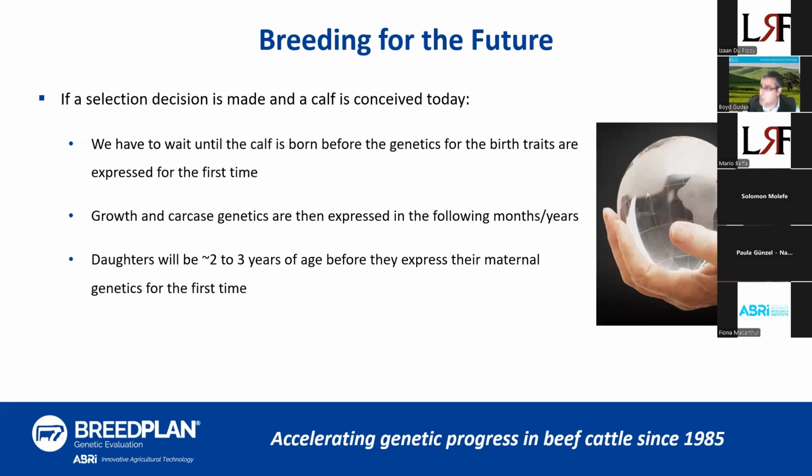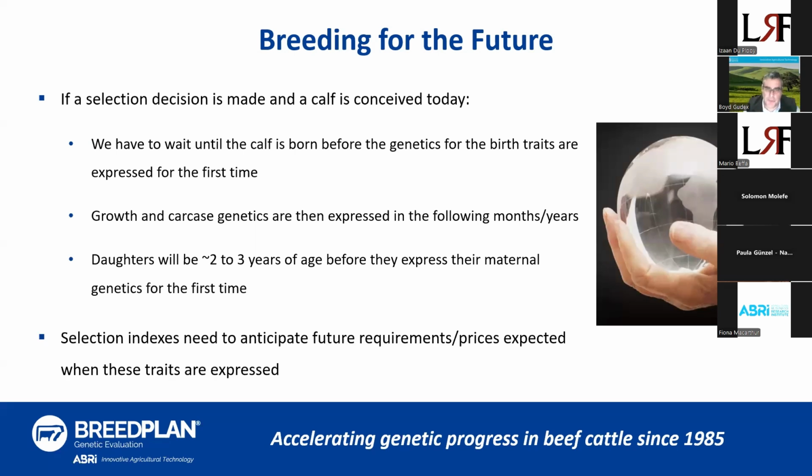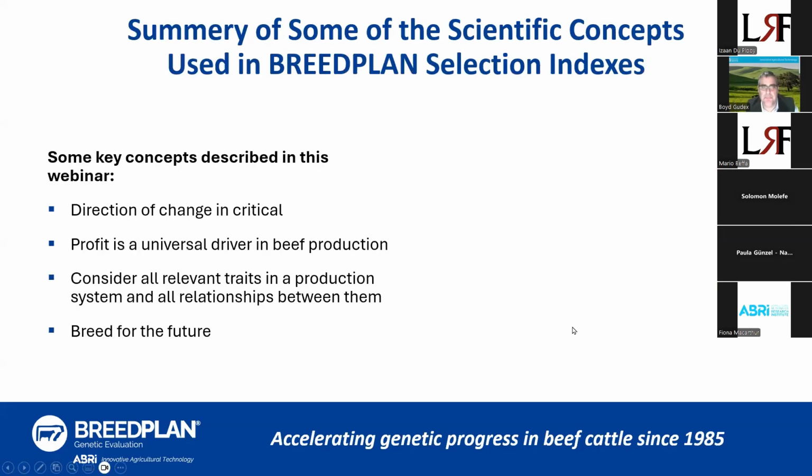So we've got to look to the future and anticipate future requirements for when these traits will be expressed. We need to anticipate future prices where possible. That's why we need a crystal ball. I really do wish we had one, but we do our best. But that's what it is.